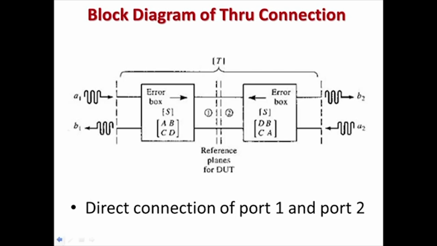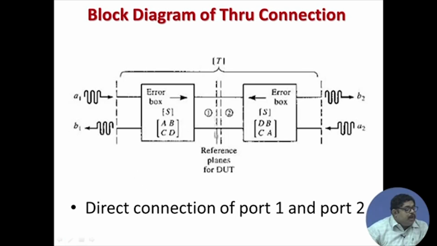Now, you see that port 1 and port 2 are put together. Obviously, this is the actual inside reference plane of the network analyzer, which is its ports inside, since you have connected something. So, there is an error box S, as we said, that on both sides we have assumed the error box to be the same.